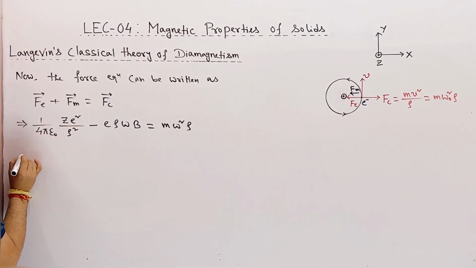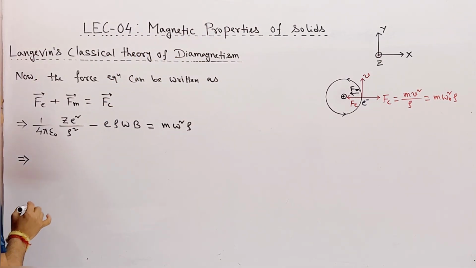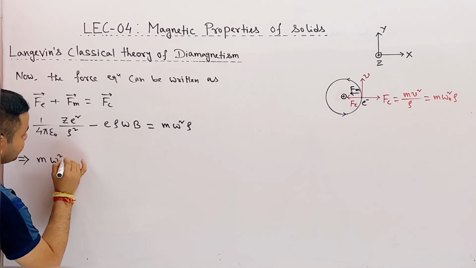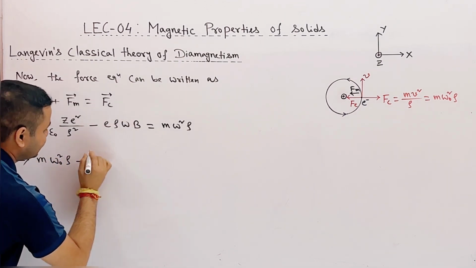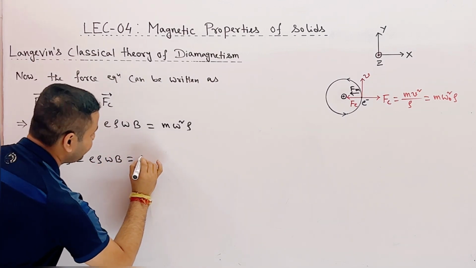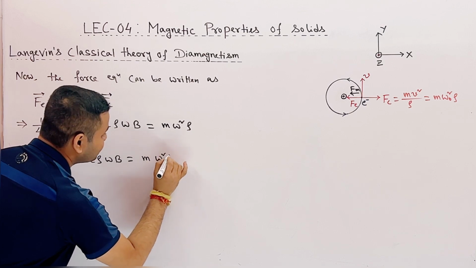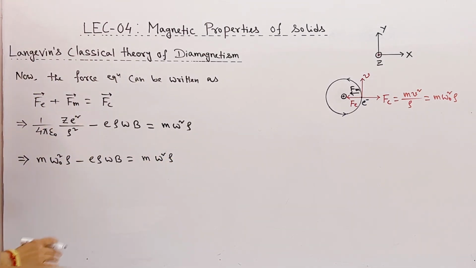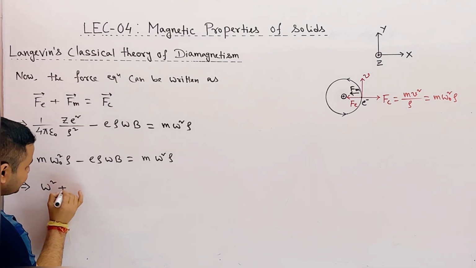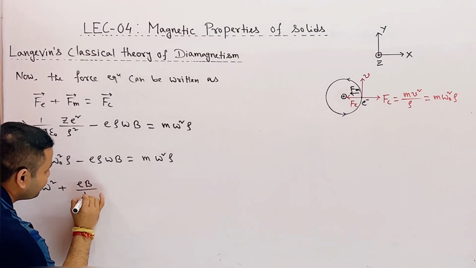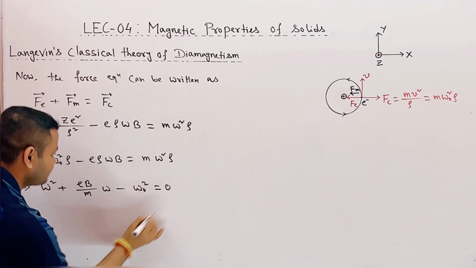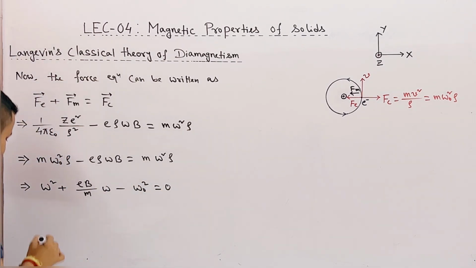The value of this term according to previous section is given by m omega naught square into rho minus e rho into omega B is equal to m omega square into rho. After rearranging, we will get omega square plus eB by m into omega minus omega naught square equal to zero. This is a quadratic equation.